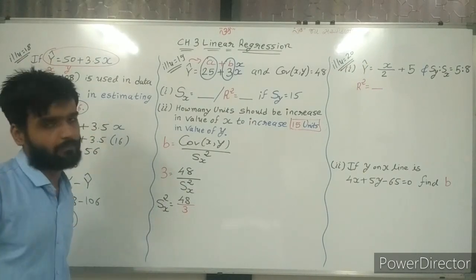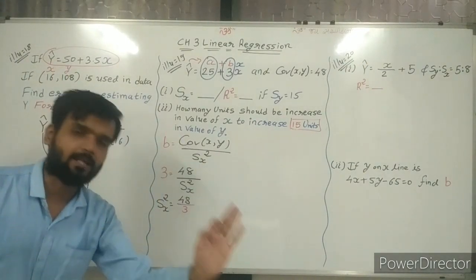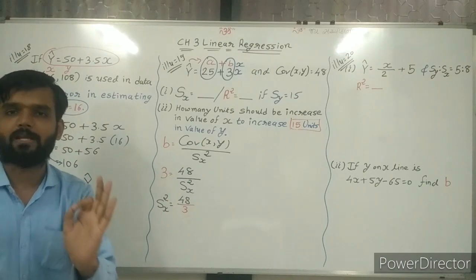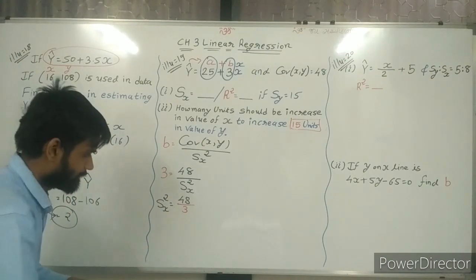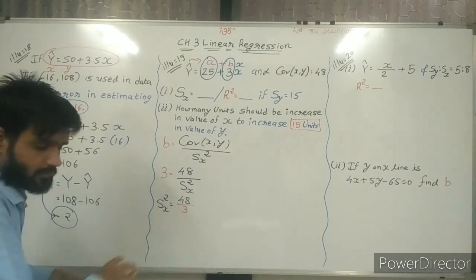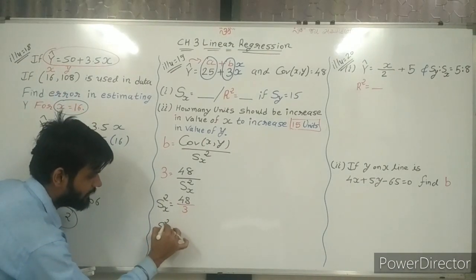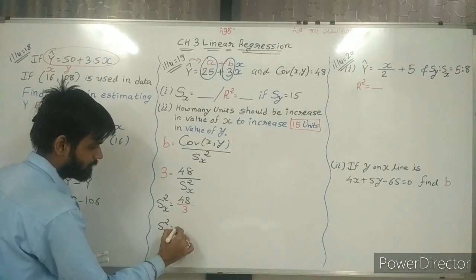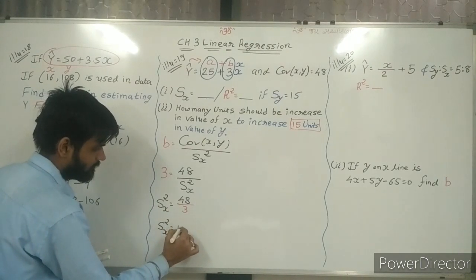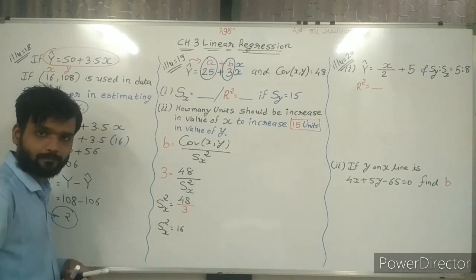If this is a doubt, it means your 7th, 8th, 9th standard is very poor. Now, sir, divide it. We are getting Sx square is equal to 16.